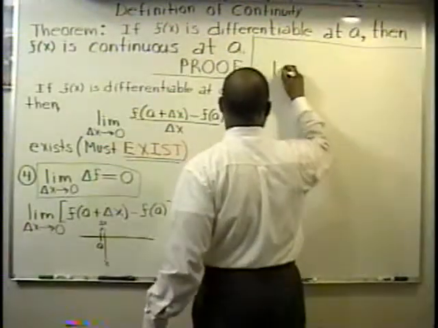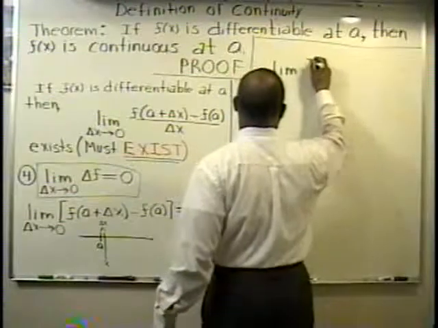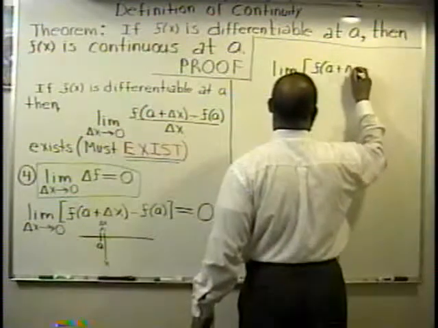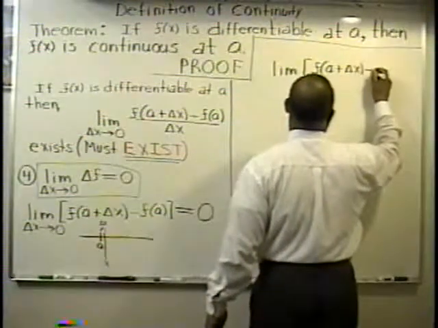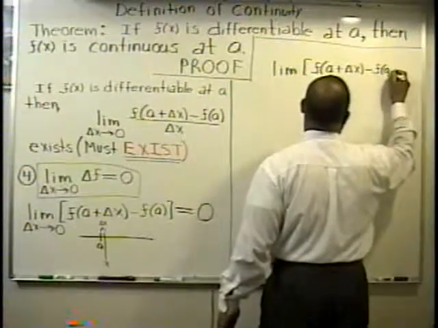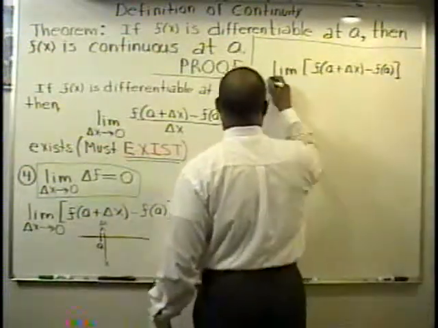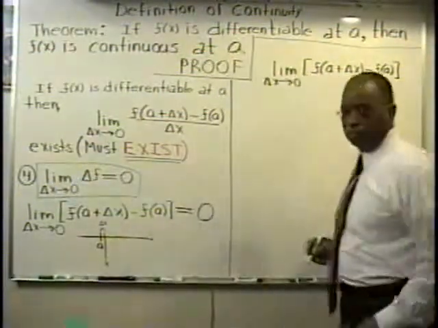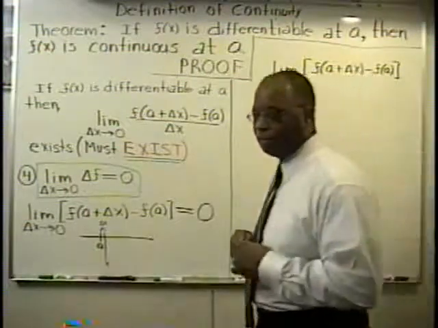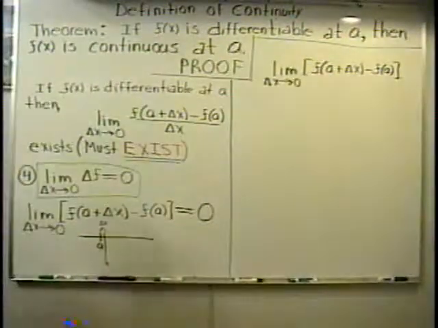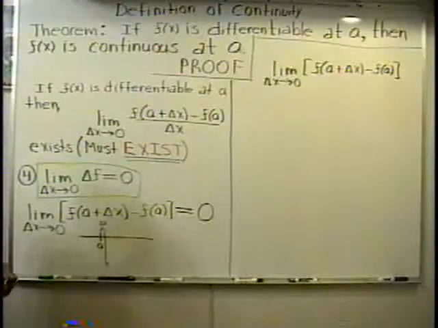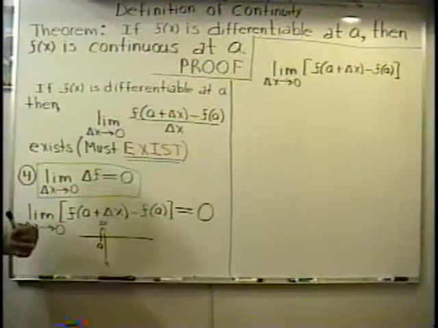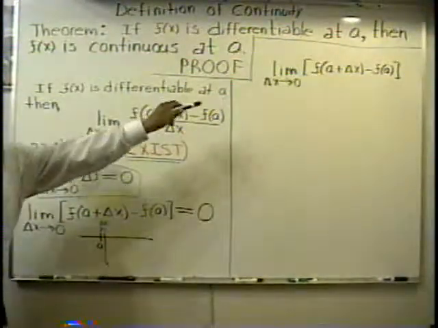We have the limit of f of a plus delta x minus f of a as delta x approaches 0. Okay, copy that please. And remember, we're going to use this definition of continuity in order to prove that this does show that it is continuous. Copy that please.